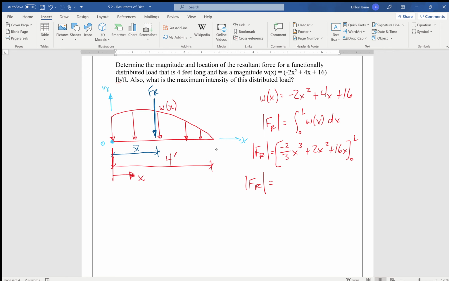So now when you evaluate your integral over here, instead of it just being 0 to L, we integrate from 0 to 4, correct? So just evaluating that integral right there, the negative 2/3 x cubed function, just plug in 4 for x, what we end up getting is that the magnitude of our resultant force is 53.33 pounds.